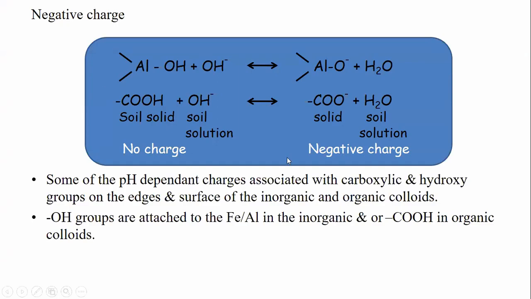Here you can see how the negative charges are formed in the variable charges. In both cases, in the permanent charge or in the variable charges, it may create the positive and the negative charges. You know how the positive and negative charges are created in the permanent charge, in the isomorphic substitution that I explained.